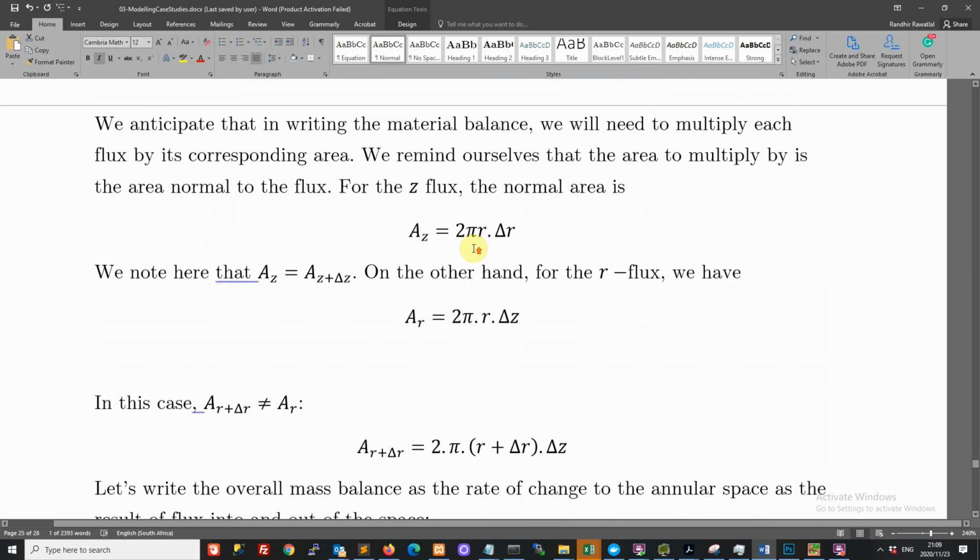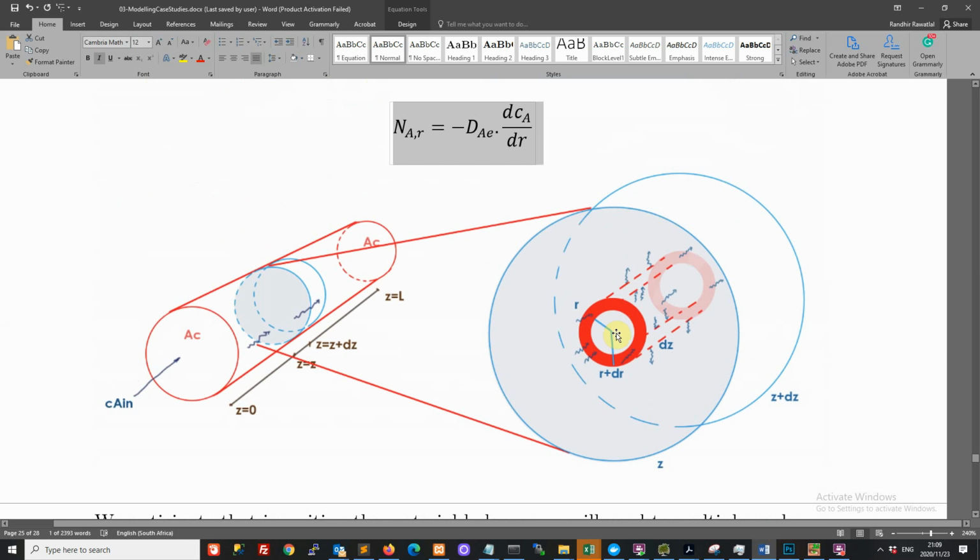And now, when we want to write our material balance, the next step is to write down the rate of change of the number of moles in the space. There we would typically multiply the flux in one direction by the area that's normal to it. We've done it before for the case of the pipeline. So we said flux in the Z direction, we would multiply by the area normal to that.